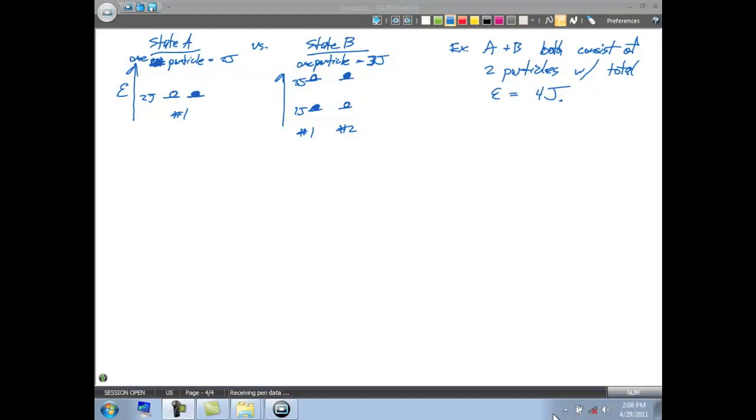We're just flipping around particle 1 and particle 2. If these particles are identical and an ideal gas, we can have two ways of representing them in state B versus only one way of representing them in state A. We call these microstates.